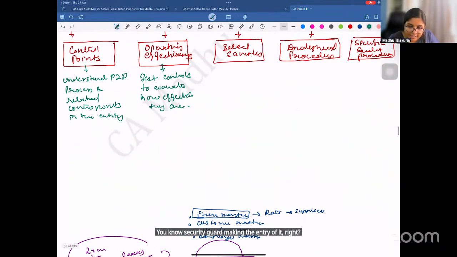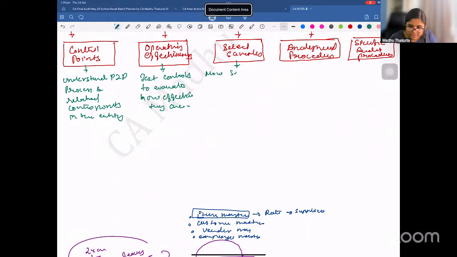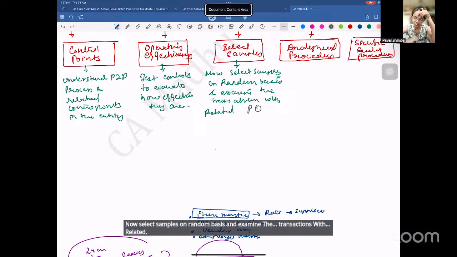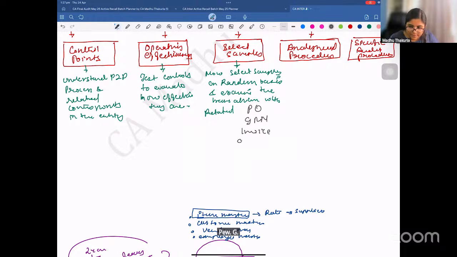Okay. So now you select certain samples. Select samples on a random basis and examine the transactions with related PO, GRN, invoice, gate entry register, and then they did not mention what?